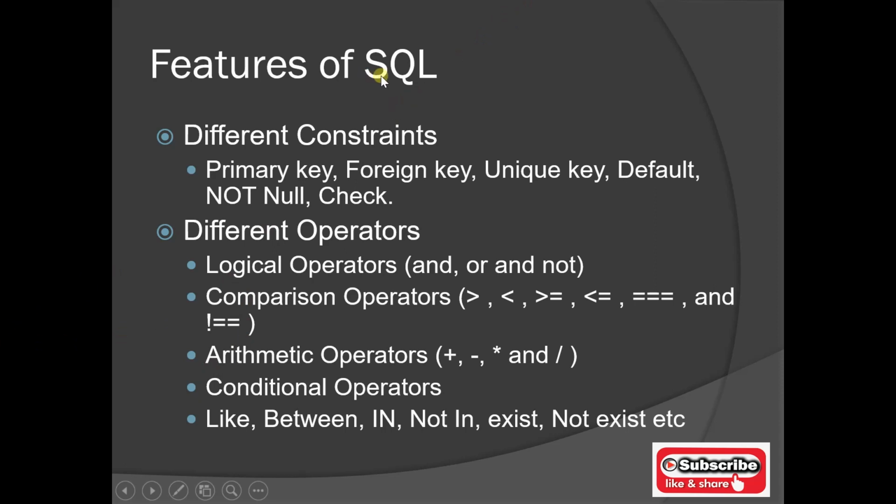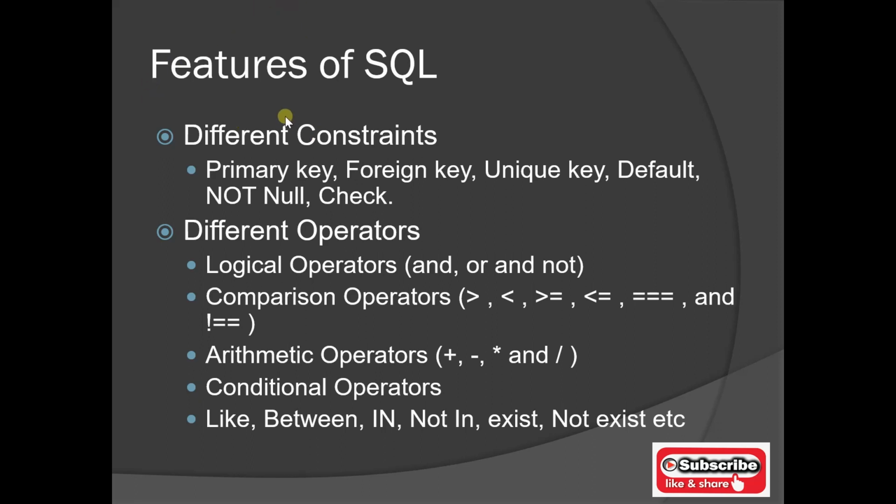Again, the next feature, SQL has different constraints like primary key, foreign key, unique key, default, not null, check. And these type of constraints can be applied on the table. When we create table, these type of constraints can be applied on a particular attribute. Primary key, which identifies records uniquely.